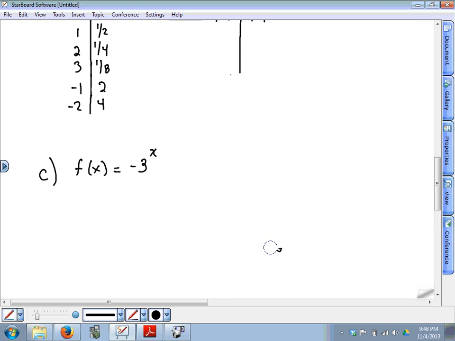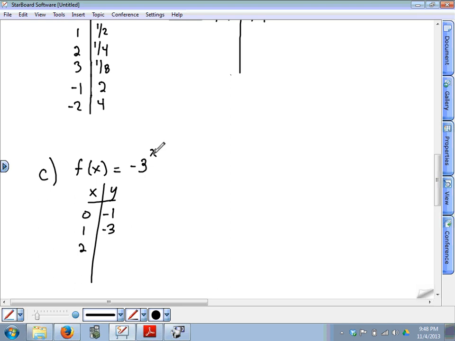So, got to be a little more accurate here, making a list of values. Now, if x is 0, then 3 to the 0 power is 1, but then you have to multiply by that negative sign, so it's -1. If x is 1, 3 to the first power is 3, but then you multiply it by that negative, and it's -3. And so on.